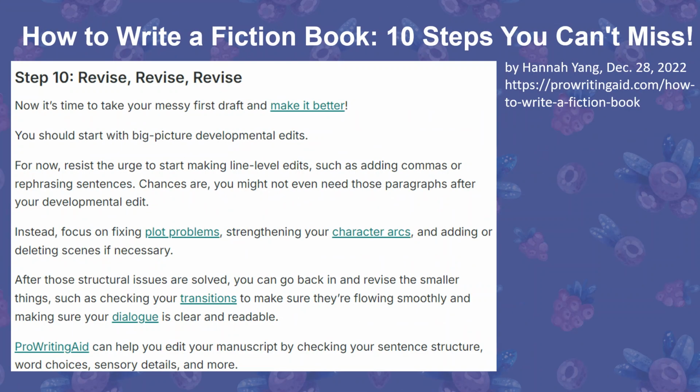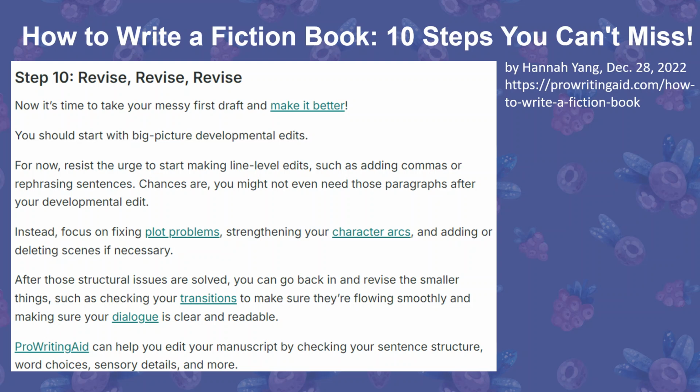Okay, before we get to the end, step 10 is revise. Started with big picture development. At this point, they should have a link to an article specifically about developmental edits and what that actually entails.